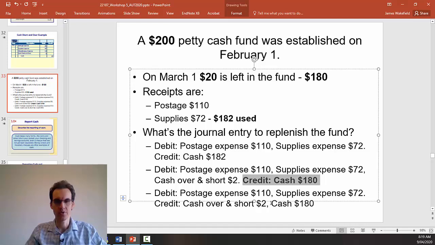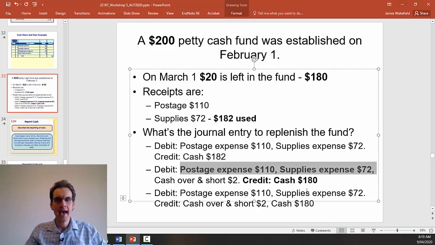You also need to recognize both expenses, the $110 in postage and the supplies of $72. And you need to do something with the $2, which in this case is cash over and short.